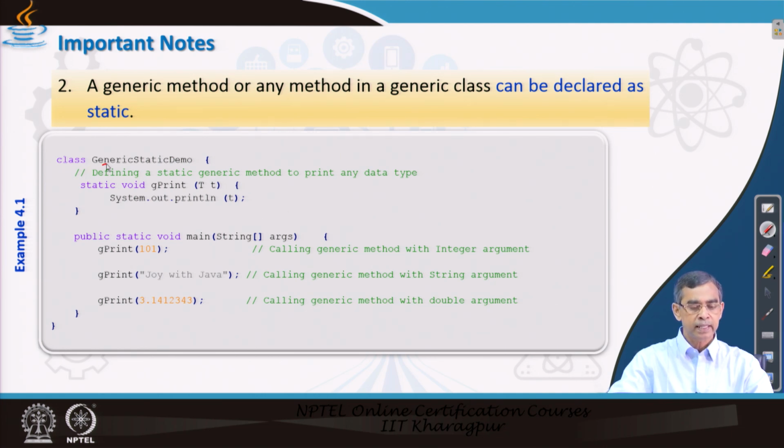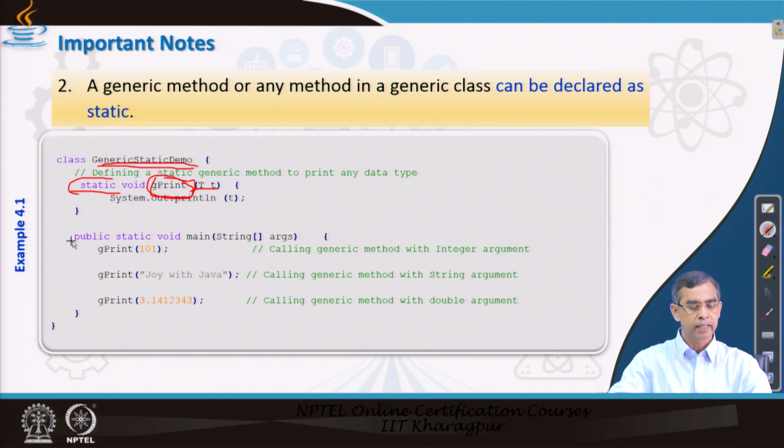As you see, this is the main class. We declare a gprint1 method, which you can pass a value to. Here we make the method simple, but this method is generic and it is static. This means that this gprint method can be called without creating any object of this type.